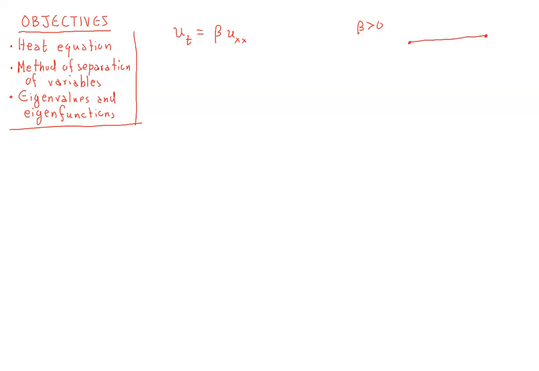And we would like to know how it propagates, how it changes on the rod through time. And the temperature, the heat, if you will, is given by the function u of x comma t. So we have one dimension for space and one dimension for time. And this is the differential equation.